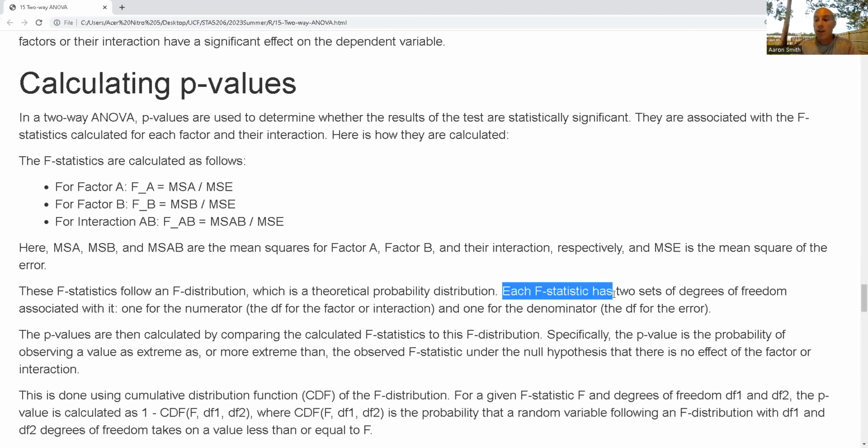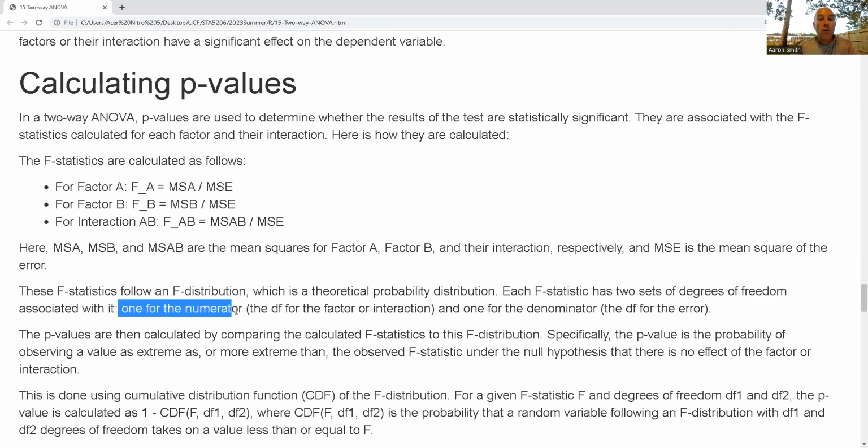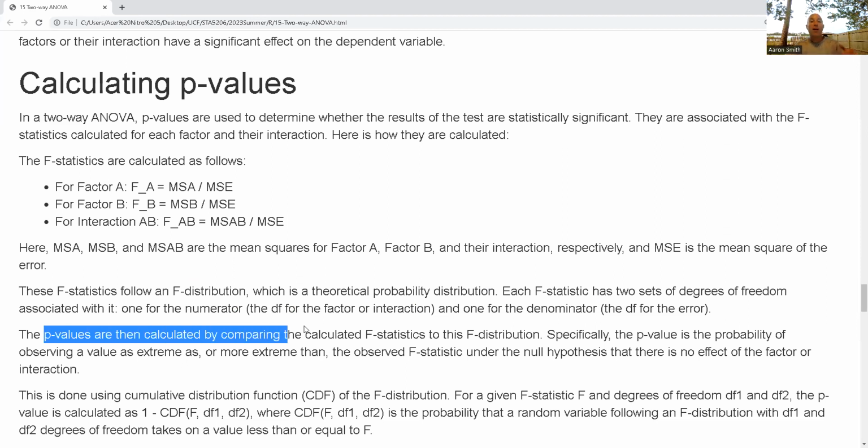Each F statistic has two sets of degrees of freedom associated with it, one for the numerator and one for the denominator. The one for the numerator corresponds to the factor, and the one for the denominator corresponds to the error degrees of freedom. The p-values are then calculated by comparing the calculated F statistic to the F distribution.